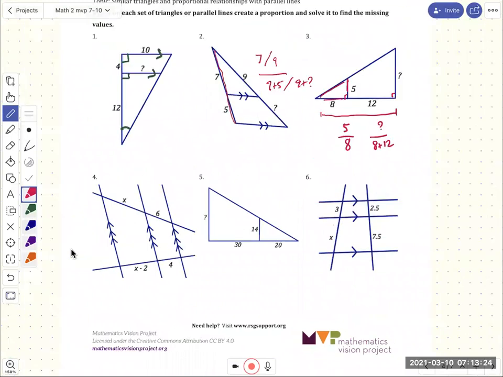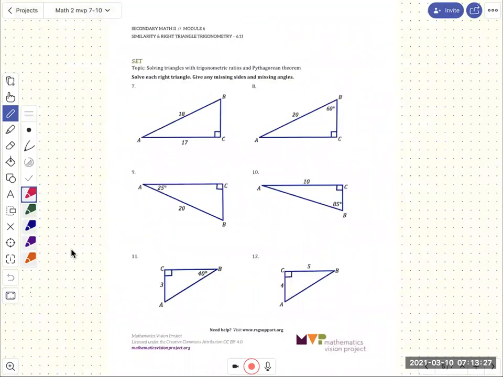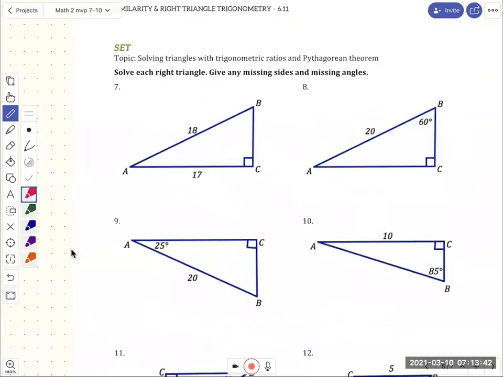Okay, so then let's see if we have anything else. Solve using trigonometric ratios and the Pythagorean theorem. Let's say that you wanted to get the angles. This is something where maybe you could use Wolfram, right? Once you start, you can just plug them in.